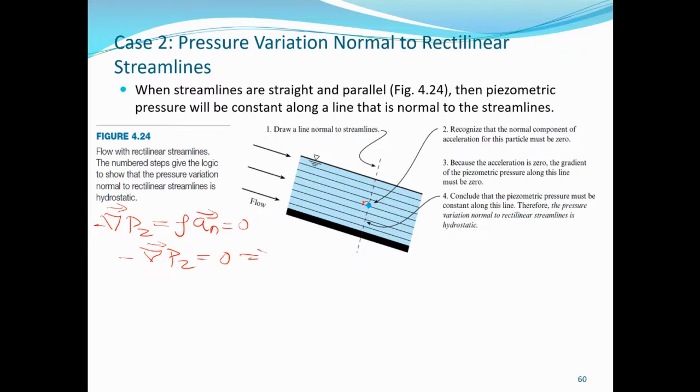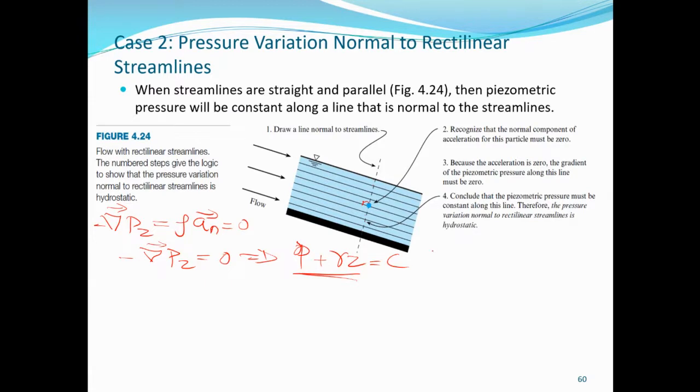Which implies that p plus gamma z is equal to constant, because 0 is also a number, so it's a constant. And this is the hydrostatic condition.